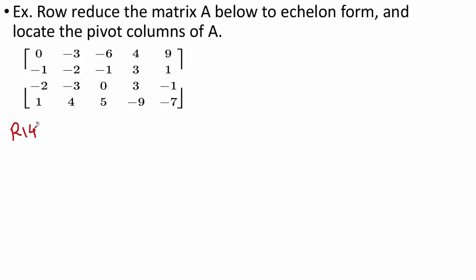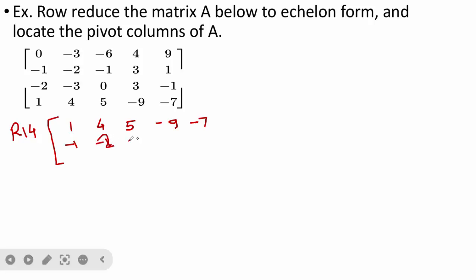We shall interchange the fourth row and the first row. Therefore the fourth row becomes the first row: 1, 4, 5, minus 9, minus 7. Then the second row and third row will be as they are: minus 1, minus 2, minus 1, 3, 1.